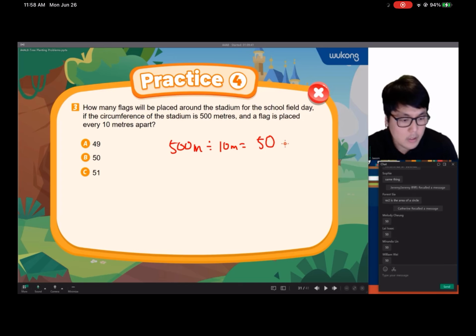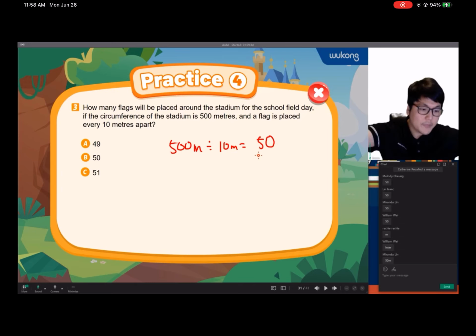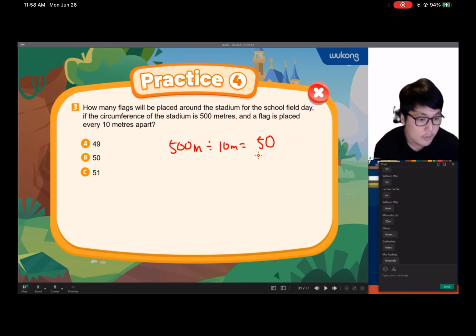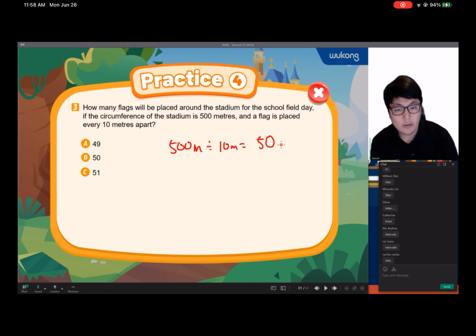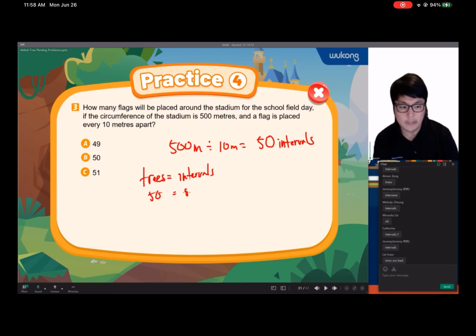Don't just tell me it's just 50. 50 meters? Raichi? Really? No! When you're dividing, you're finding intervals. Remember? Not trees. Trees, you do it after. If it's a closed road, then you can say trees is same as intervals, right? So it's going to be 50 and 50. So that's why B. So what do you say?